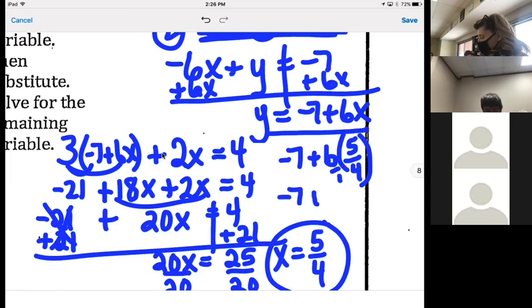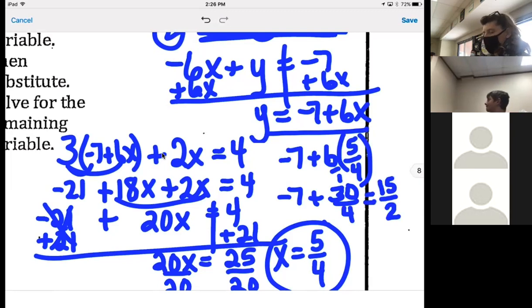That's -7 plus 30/4. What's 30/4? 6. Like 5. 5. Come on. No. 2 goes into both. How many times? Twice. Okay, so 15/2. What's 15/2 as a mixed number, Jaden?